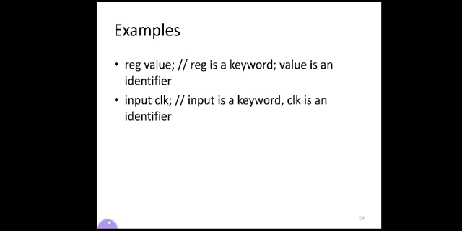Value is the identifier here, given by the user. All the letters in this identifier are alphabetic. You can also use a digit or underscore or dollar sign. You can modify it. So it is a user defined name.